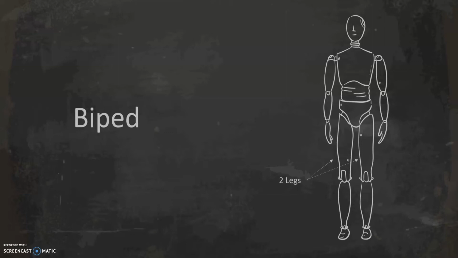We can also have quadrupeds, like dogs, cats, and those kinds of animals, which walk on four legs. But that's a lot trickier, so we're just going to focus on biped. So we need to make a human shape that looks a bit like our image here and walks on two legs.